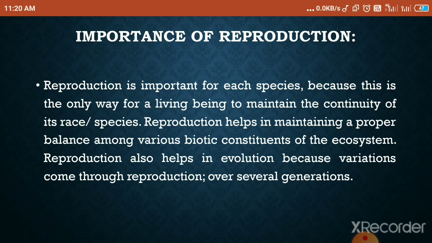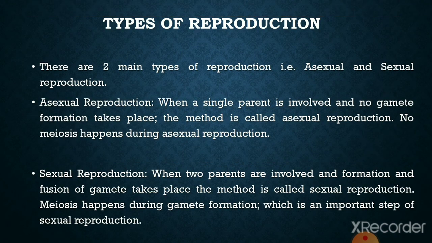Now let us discuss the types of reproduction. There are basically two main types: first, asexual reproduction, and second, sexual reproduction. Asexual reproduction is the process which does not involve the formation and fusion of gametes.